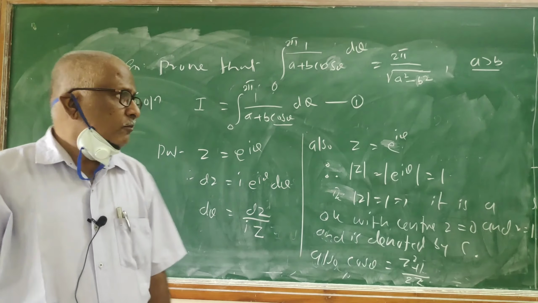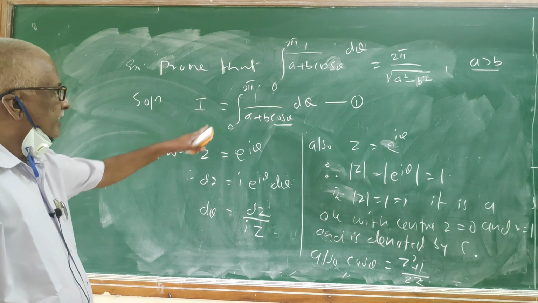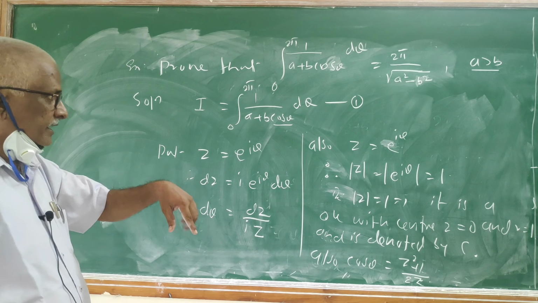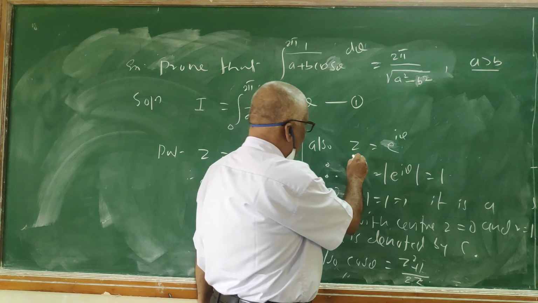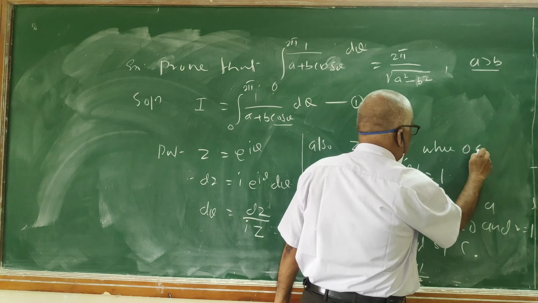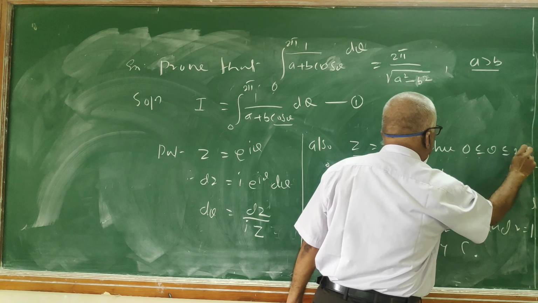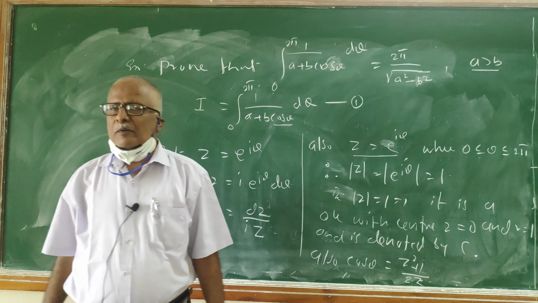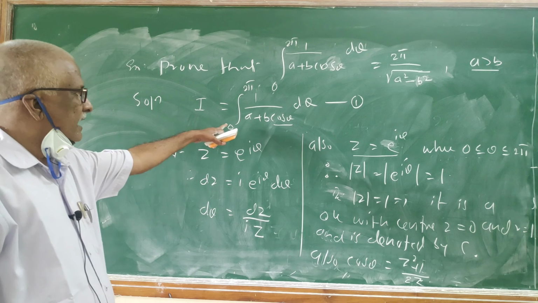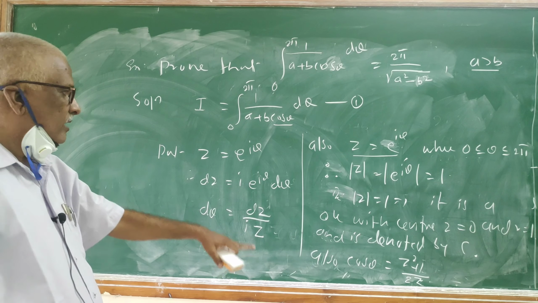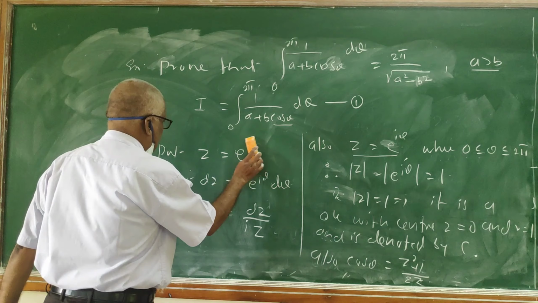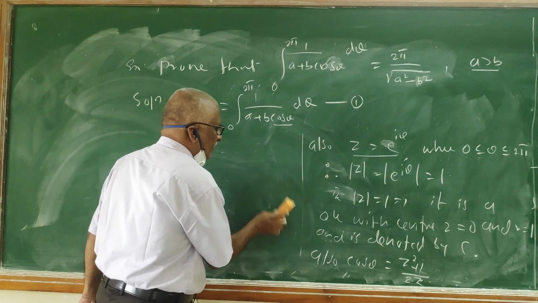Also z equal to e raised to i theta, where theta varies from 0 to 2 pi for any circle. So now we put all these things in to transform this real integral in terms of a complex integral by means of all these substitutions.